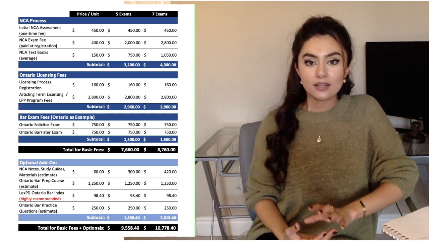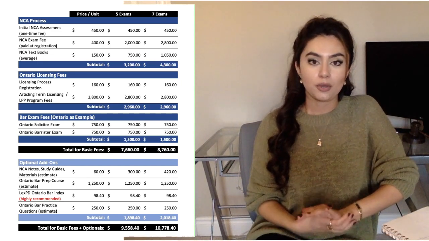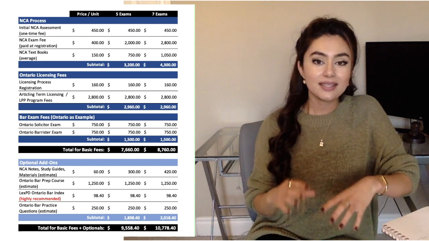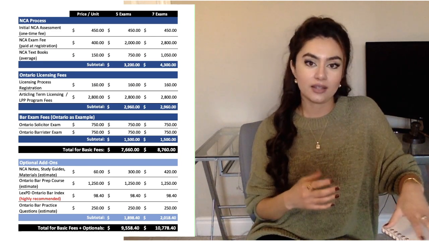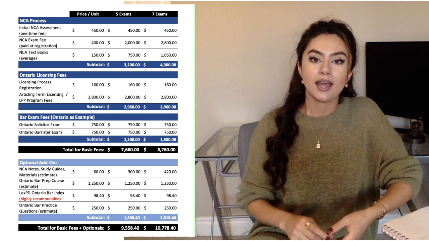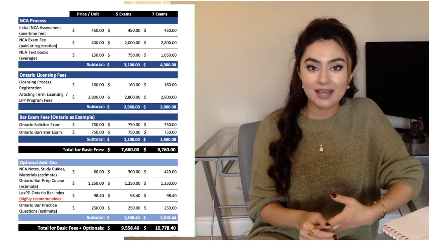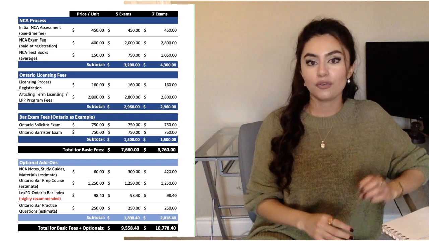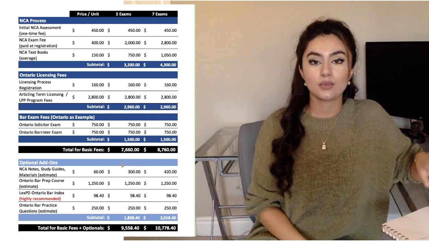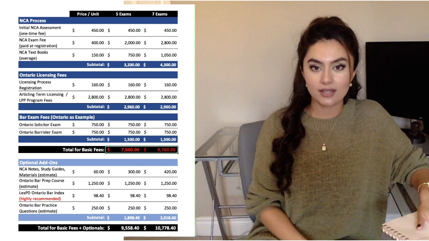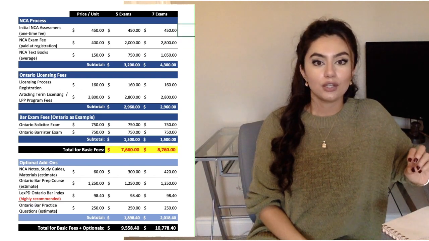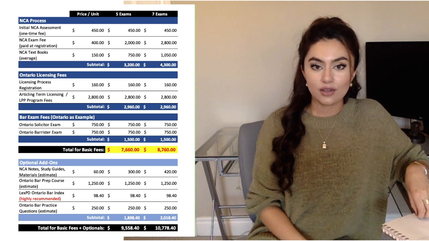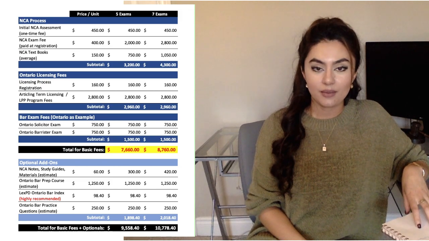So based on the budget that we've created for the purposes of this video, the basic amount without any add-ons, so no courses, no additional practice exam questions, you're looking at around $7,000 for both the NCA process as well as the Ontario lawyer licensing process. And you're looking at about $8,000 if you're doing 7 exams.